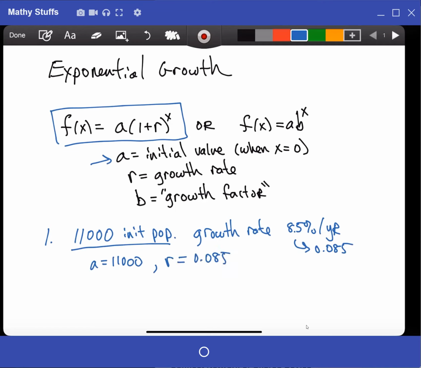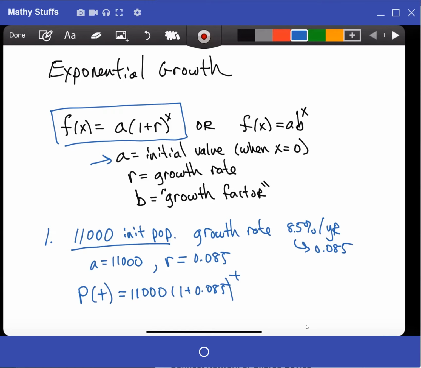And then our model, we put it all together, and I'm going to call it P. I'm going to get crazy here and use t instead of x because it's time that the population is changing over. So we've got P of t equals 11,000 times 1 plus 0.085 to the t-th power. And that's it. That's our model.